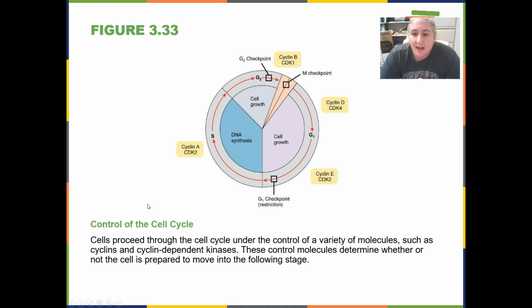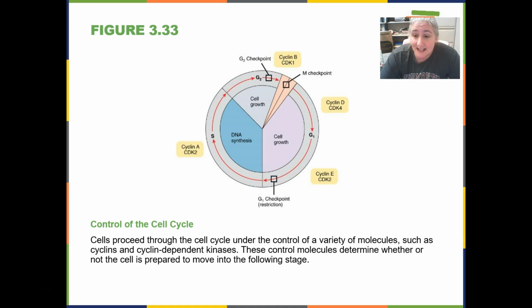So the cell cycle has to work properly every single time, and if it doesn't, then you can end up with cells that have not the proper organelles, or not the proper proteins, or not the proper amount of DNA. And so we have certain proteins in our cells that act as controllers of the cell cycle.